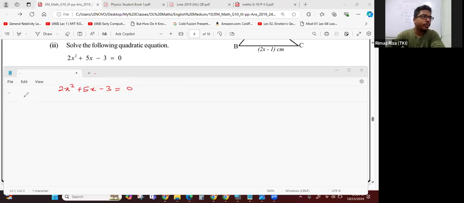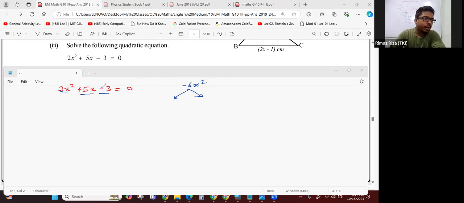So here what we have to do first is multiply the first term and the last term. The first term is 2x squared and the last is minus 3. So plus into minus, minus, 2 into 3 is 6x squared. And you need to factorize this so that the summation is equal to 5x.